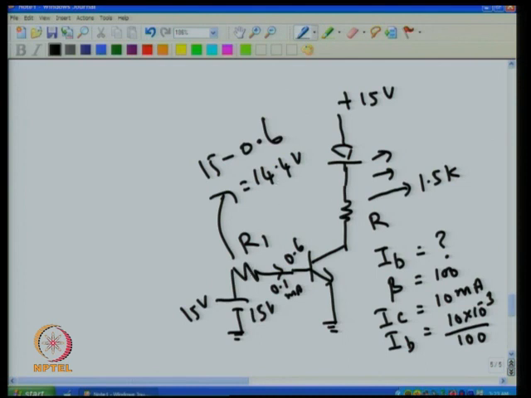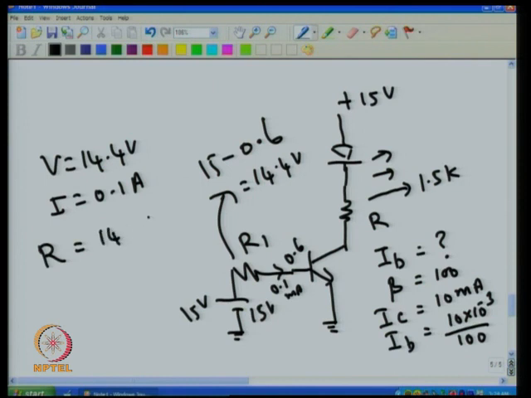If it is 14.4 volt, and we know the required current is 0.1 milliamps, what is the R value I have to put? The voltage is 14.4 volt, and the current is 0.1 milliamps. Then the resistance R can be calculated as 14.4 divided by 0.1 milliamps.